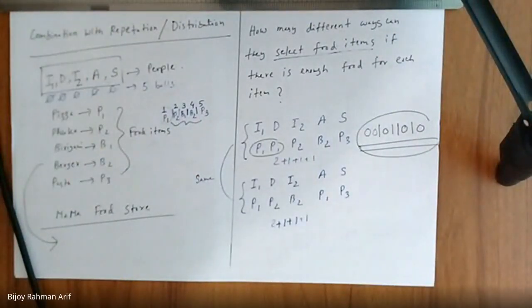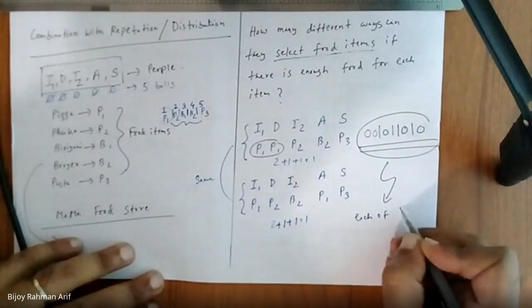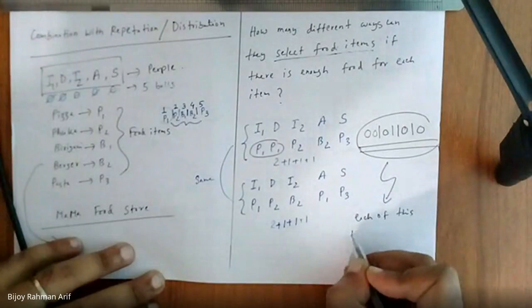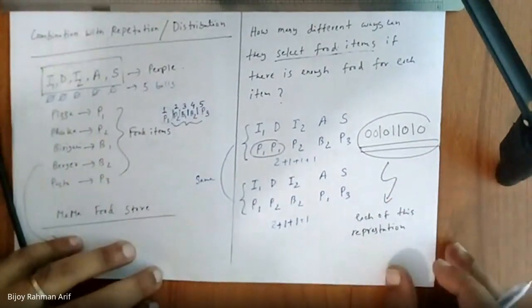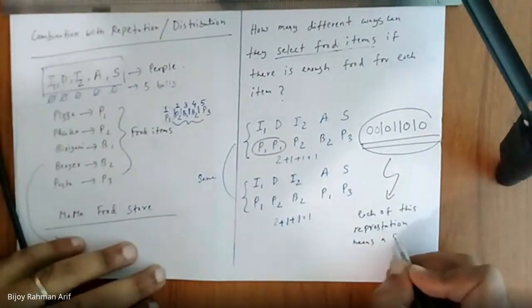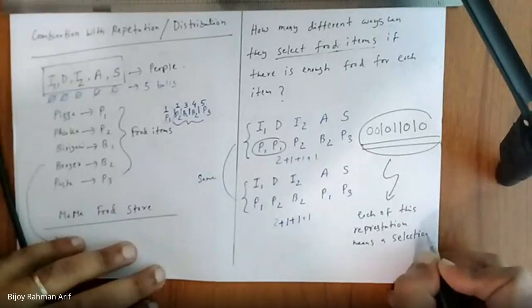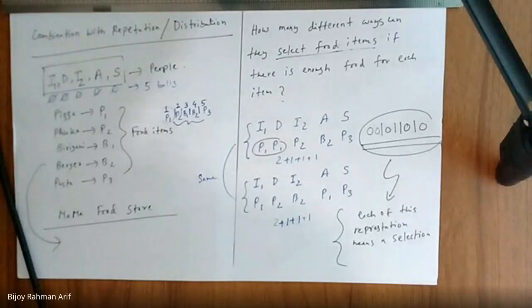Yes. So each of these representations means a selection. So how many of this kind of representation are possible? Simple. We have done this problem before.